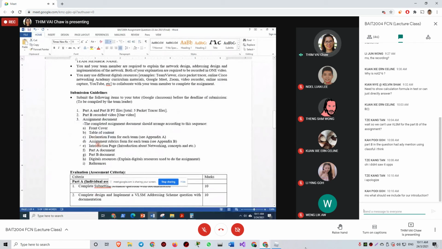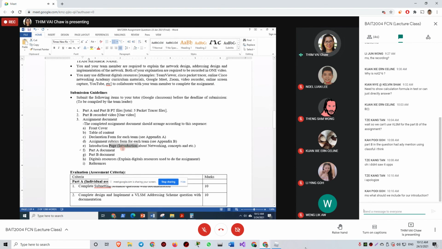You can say that doing this networking, we learned about VLSM, subnetting and so on. Then in your Part B, you describe what kinds of network and concepts you are doing. At least tell me a little of what you have learned from this course in terms of networking concepts. Then talk about the documents from your Part A and Part B.